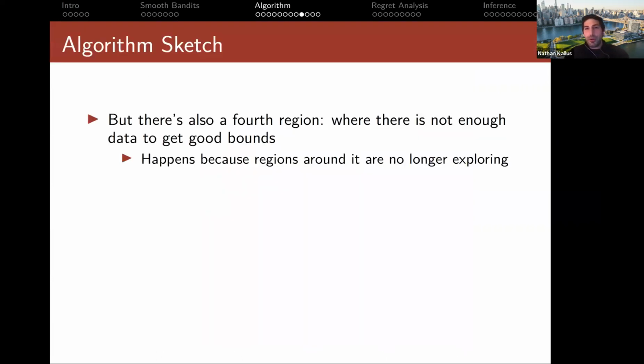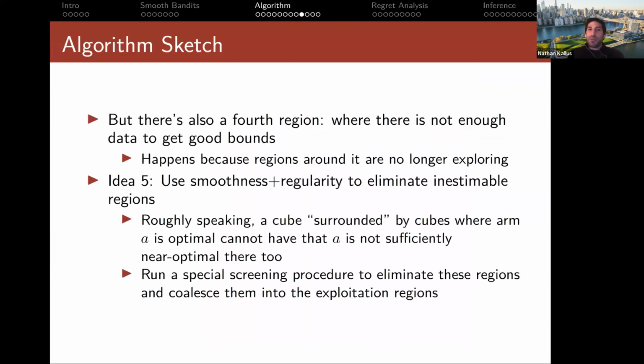Well, essentially, what we can show is that because we have smoothness and regularity, roughly speaking, if a cube is surrounded, in some technical sense of what it means to be surrounded, by other cubes that have already figured out that arm A is optimal, then it cannot be, with sufficient probability, that arm A is not also sufficiently optimal there too.